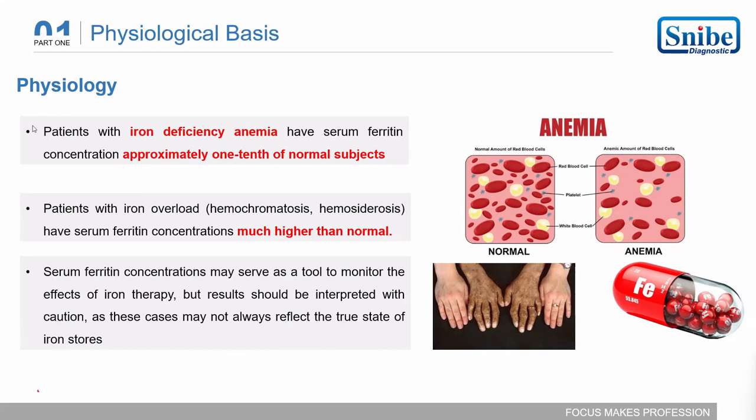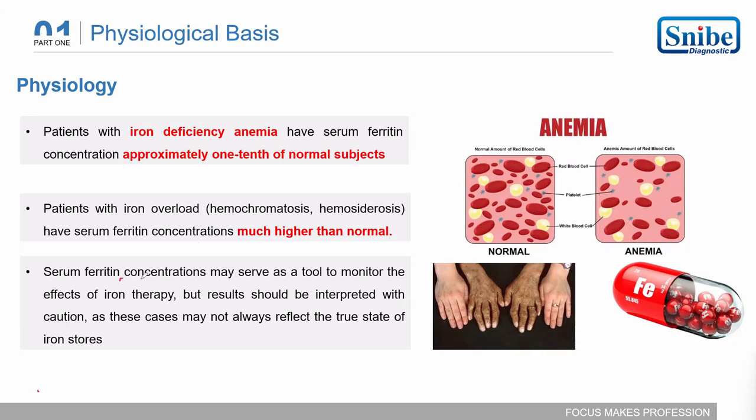A patient with iron deficiency anemia has a serum ferritin concentration of approximately 1/10 of a normal subject. Patients with iron overload, like hemochromatosis or hemosiderosis, have a serum ferritin concentration much higher than normal. So you can differentiate iron deficiency anemia from hemochromatosis or hemosiderosis with the ferritin levels.